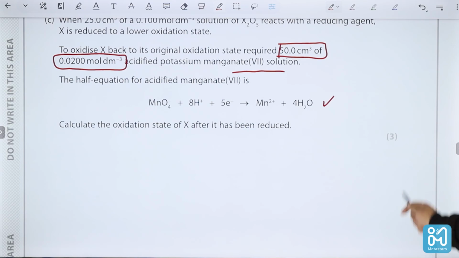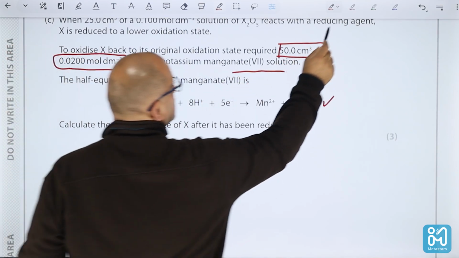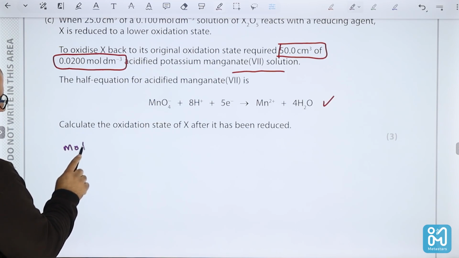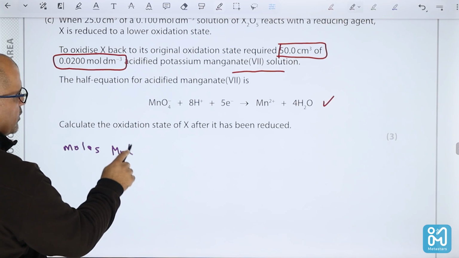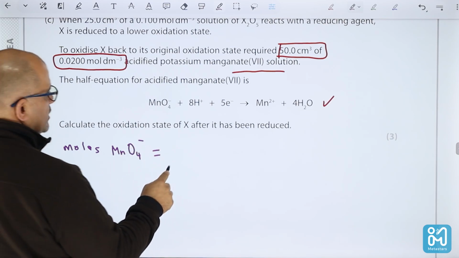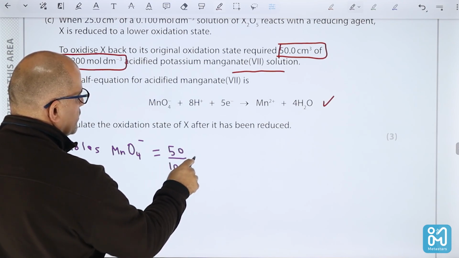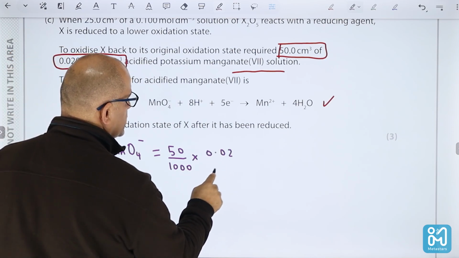Okay, here we have 3 marks. So we can find the answer like that. First, you can find the moles of MnO4 solution, which is 50 over 1000. It's the volume times the concentration, which is 0.2.